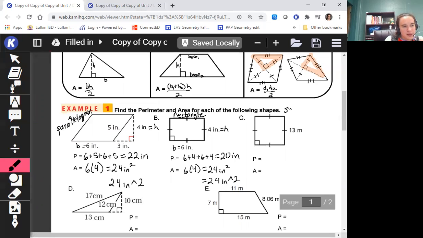On C, we have a square. And remember that the length of all the sides of a square is congruent. So 13 plus 13 plus 13 plus 13, which gets us 52 meters.